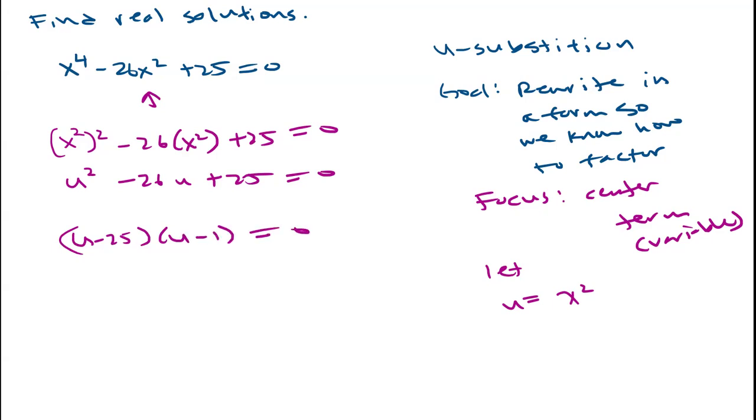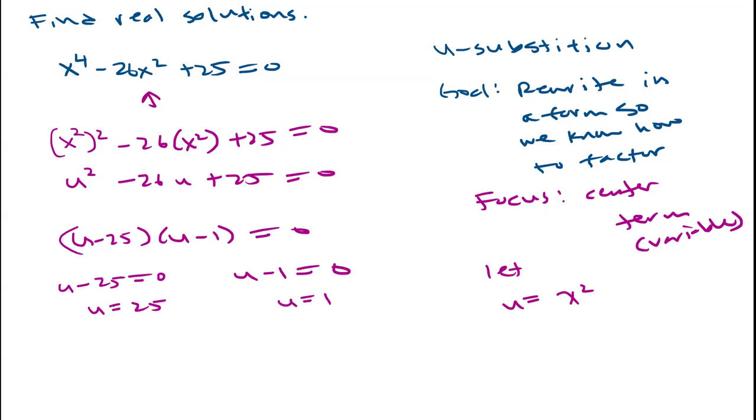Notice both of my factors are negative, negative 25, negative 1. Then I set them equal to 0. So I have u minus 25 equals 0 and u minus 1 equals 0. Then I solve. I add 25 on both sides, I get u equals 25. Add 1 on both sides, we get u is equal to 1.